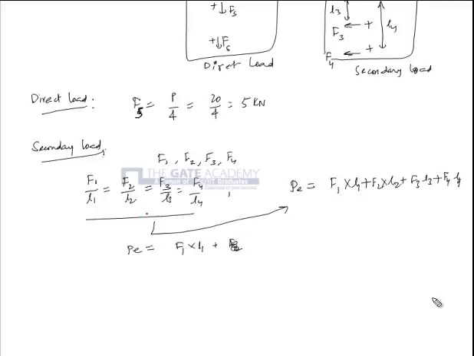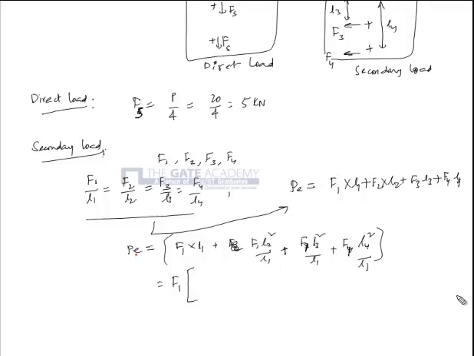F2 I can substitute from the relation as F1 L2 by L1, so it becomes L2 square by L1. Similarly F3 becomes L3 square by L1, and F4 becomes L4 square by L1. In this way I can individually find each of the forces F1, F2, F3, F4.